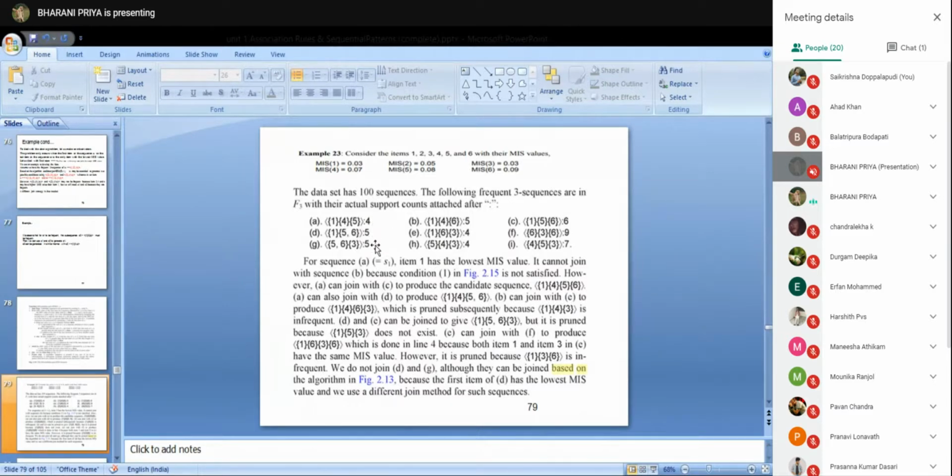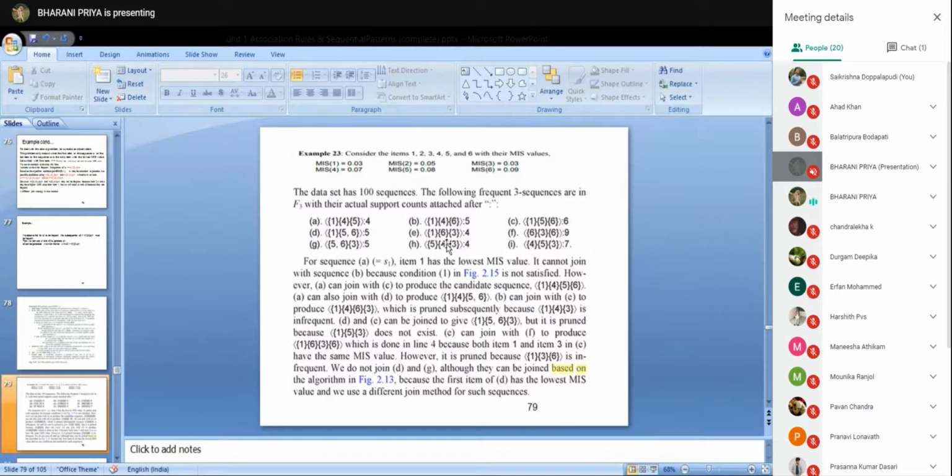These are different sequences with their supports. We cannot join 145 with 146. Why? I am dropping the second item and we get 15, and if I drop the last item 6 I get 14, which is mismatching.